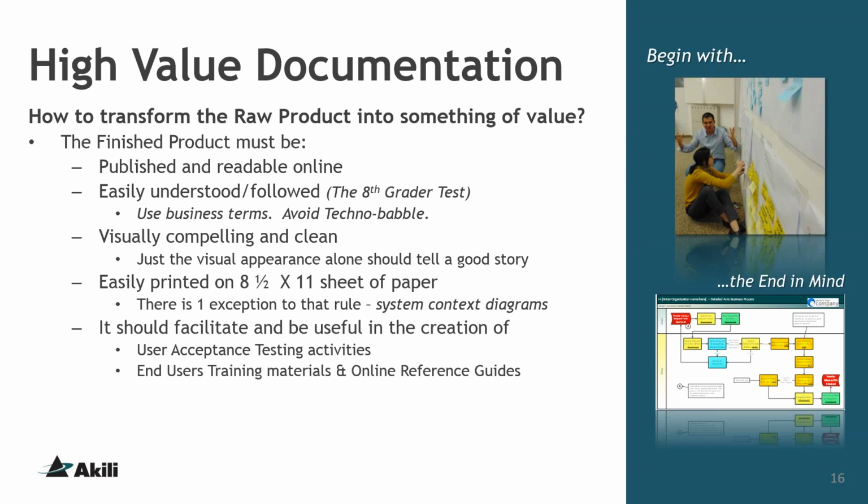In addition, these artifacts should help the organization create the end-user acceptance testing processes and artifacts, and it should also be very useful in end-user training and in online reference materials. As you can see, process documentation should have a very high value quotient, for lack of a better term.